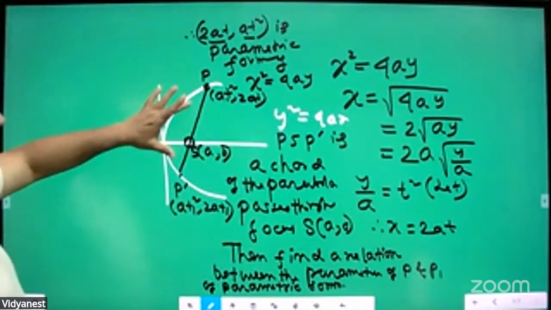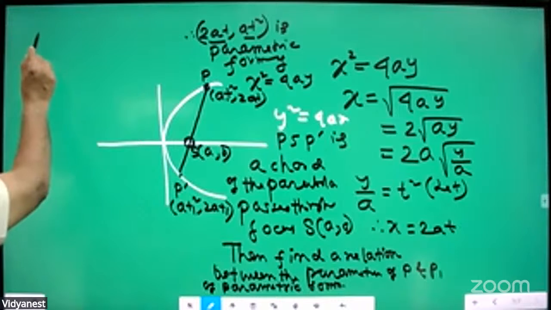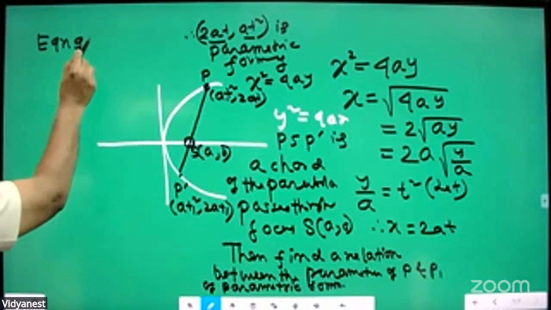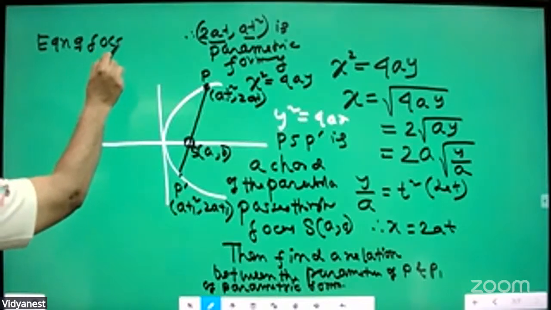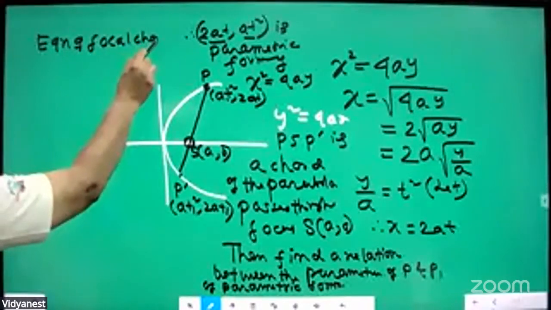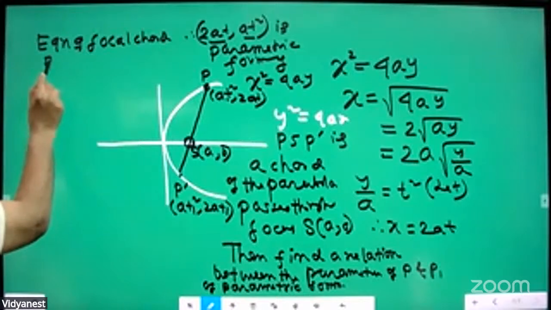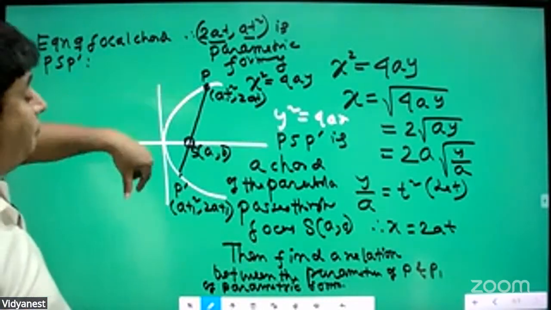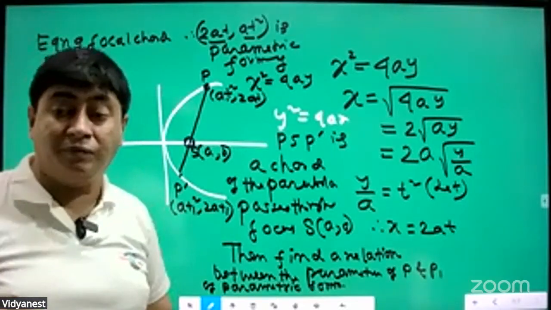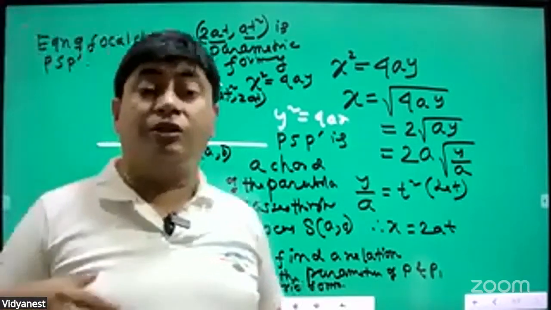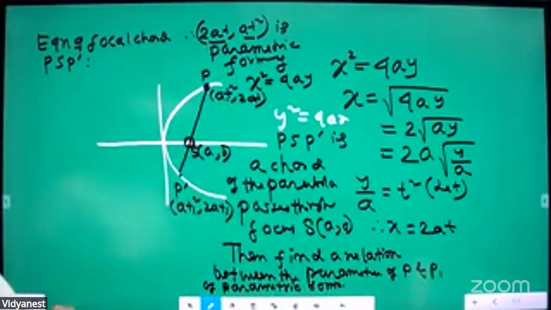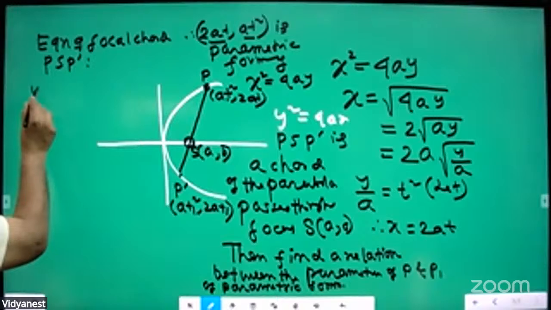First of all, this is a focal chord. Equation of the focal chord PSP dash. What formula is being remembered? The line joining 2 points. What is that formula?